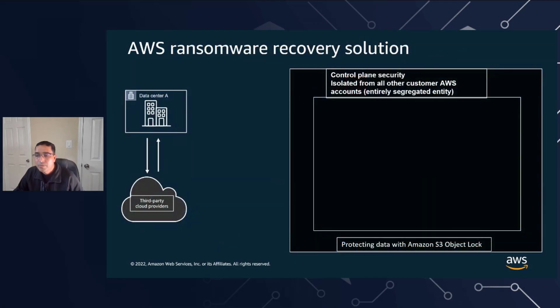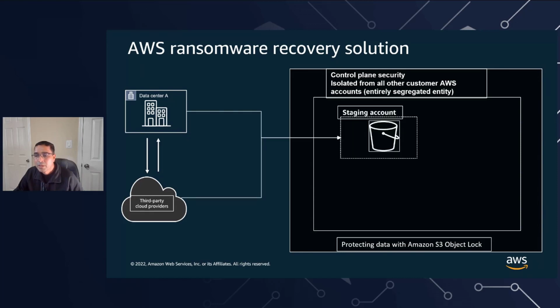Now that we've looked into the isolation and immutability, let's look into an implementation for more sophisticated customers using AWS and S3. We'll look into a situation where the forensics and intelligence aspects of ransomware recovery come into the picture. So in this example, the assets to be protected are all on premises.